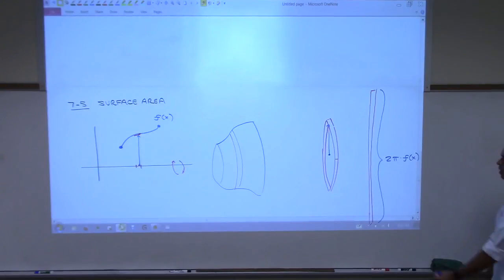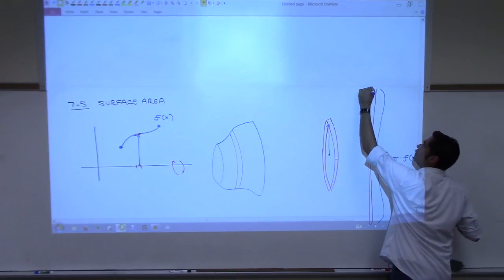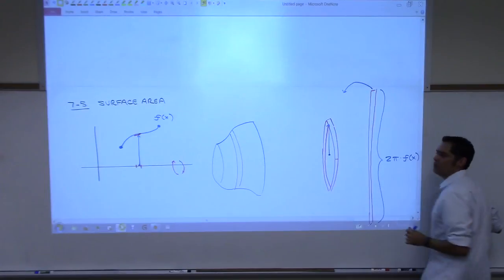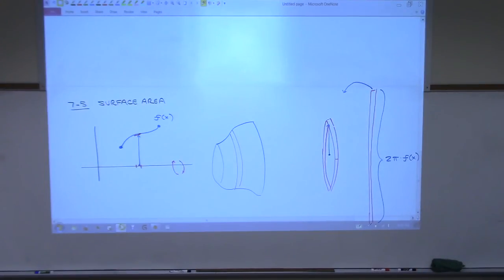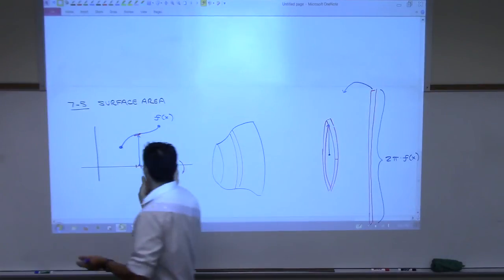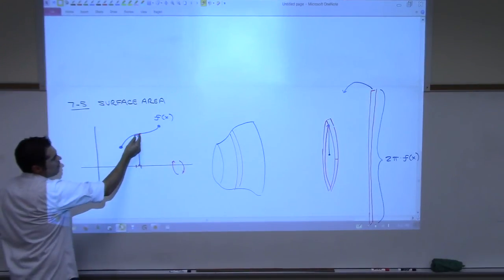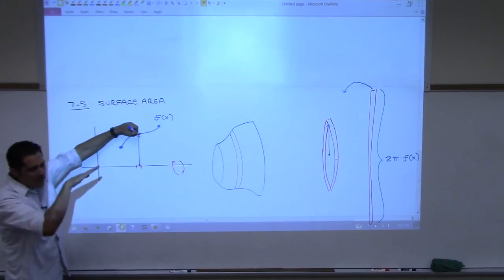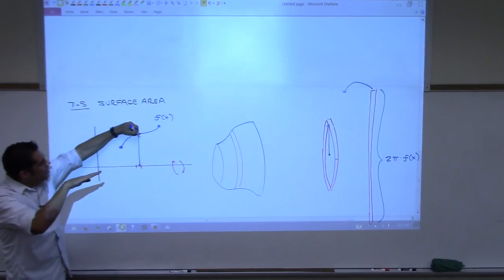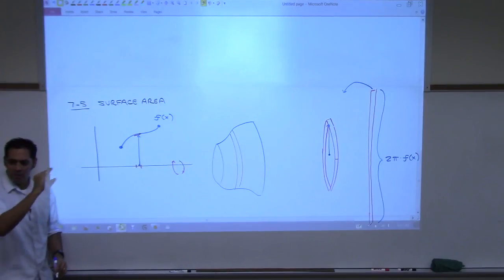The width is the part that is tricky. Because your instinct really probably wants to tell you dx. But it's not dx. dx is the width of this, right? But the width of our rubber band actually has a slight angle to it, doesn't it? It's actually the length of that little arc piece, right?